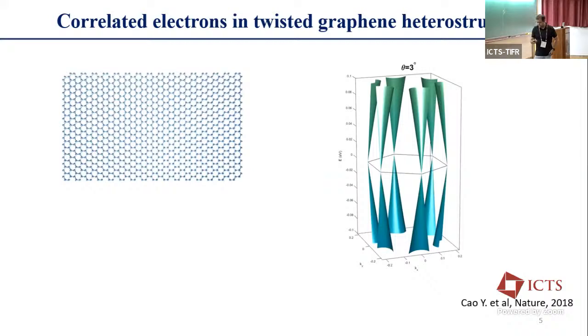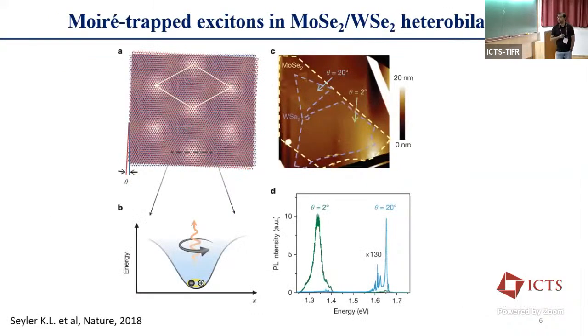Another example is if we have 2D semiconductors, for example, here MoS2 and WSe2, and if we stack one after the other with a particular twisting angle, we actually confine the exciton in a moiré potential, which leads to the moiré exciton, which eventually makes the exciton very, very sharp.